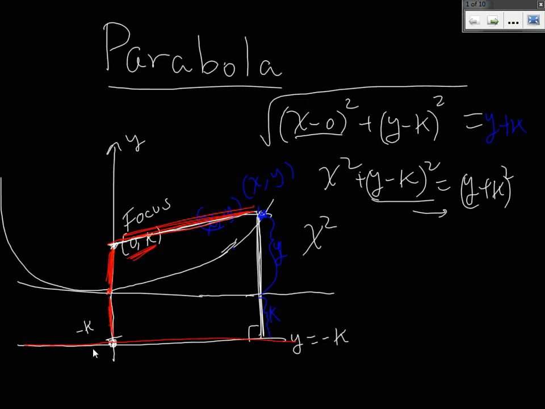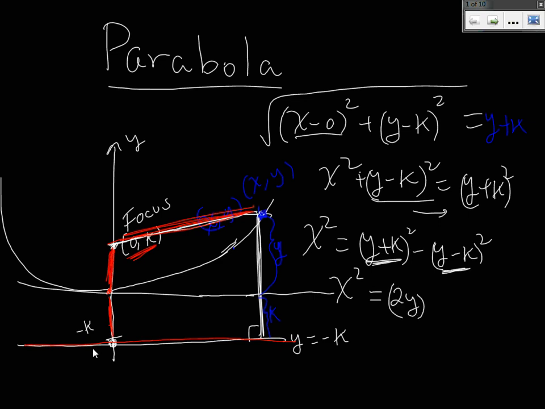So I have x squared is equal to one thing squared minus another thing being squared. That is, I have the difference of squares. How do you factor the difference of squares? Well, first, the left side is still x squared. You factor the difference of squares by adding the two terms, and you'll get 2y.